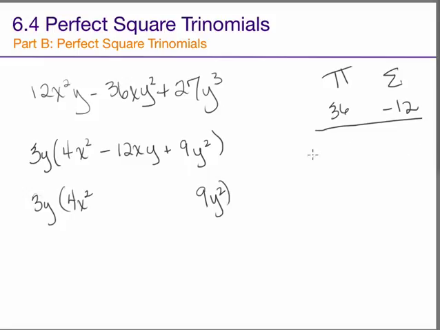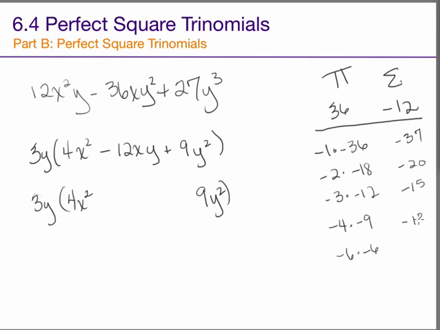So I need to multiply negative 1 times negative 36, or negative 2 times negative 18, negative 3 times negative 12, negative 4 times negative 9, or negative 6 times negative 6. My sums are negative 37, negative 20, negative 15, negative 13, and negative 12.